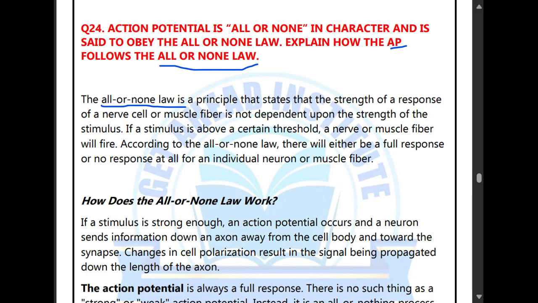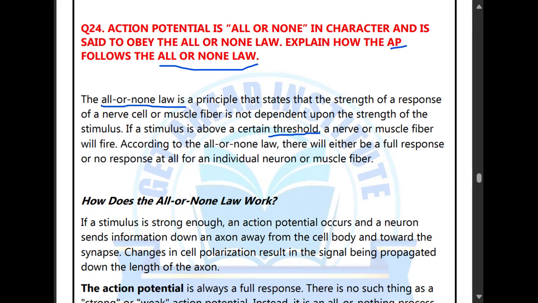Okay, so if a stimulus is above a certain threshold value, a nerve or muscle fiber will fire. If it is below that, it won't fire. So according to this law, we'll either have a full response or not have any response.